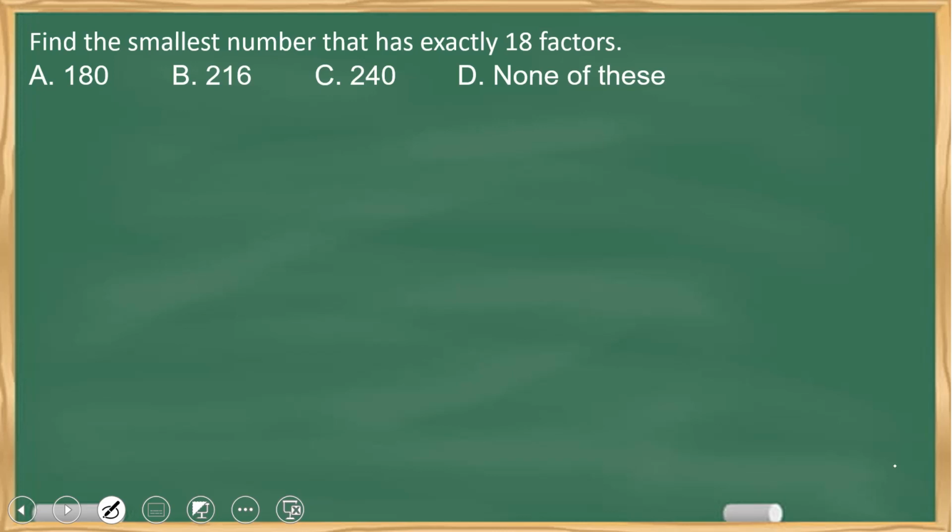Now find the smallest number that has exactly 18 factors. Find the smallest number that has exactly 18 factors. So, smallest number that has 18 factors means, first you need to understand the question very clearly. 18 factors. First, 18 can be written in what way? What are the different ways?